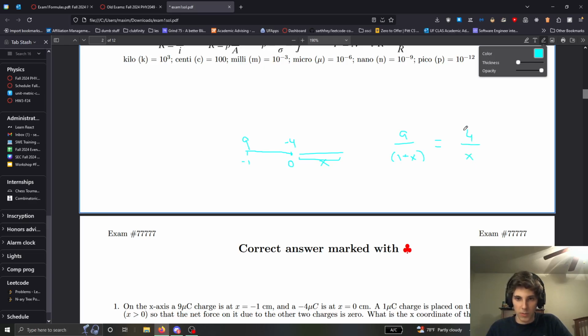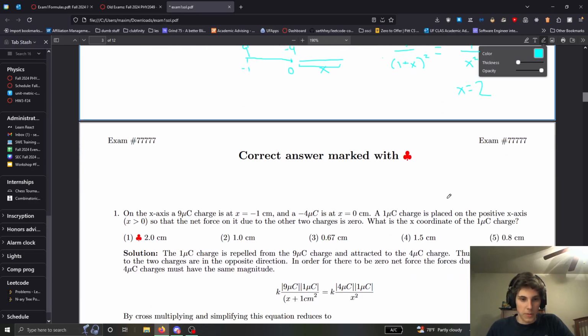We don't use a -4 because it would have been a -4 over here and we just push it to the other side. So we want them to be equal. Actually, this has to be squared. And when you throw this into your calculator, you will get x equals 2, which is correct.